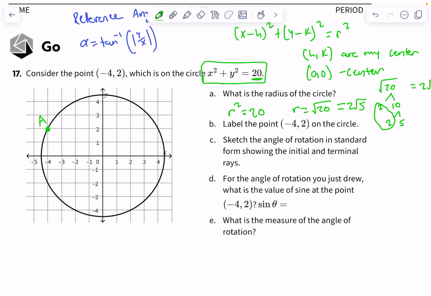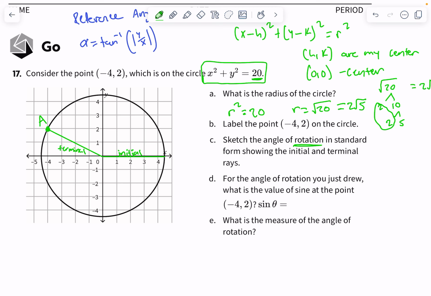Sketch the angle of rotation in standard form showing the initial and terminal rays. So my angle of rotation will look something like this. What am I drawing? This is my initial ray, and this is my terminal ray right here.